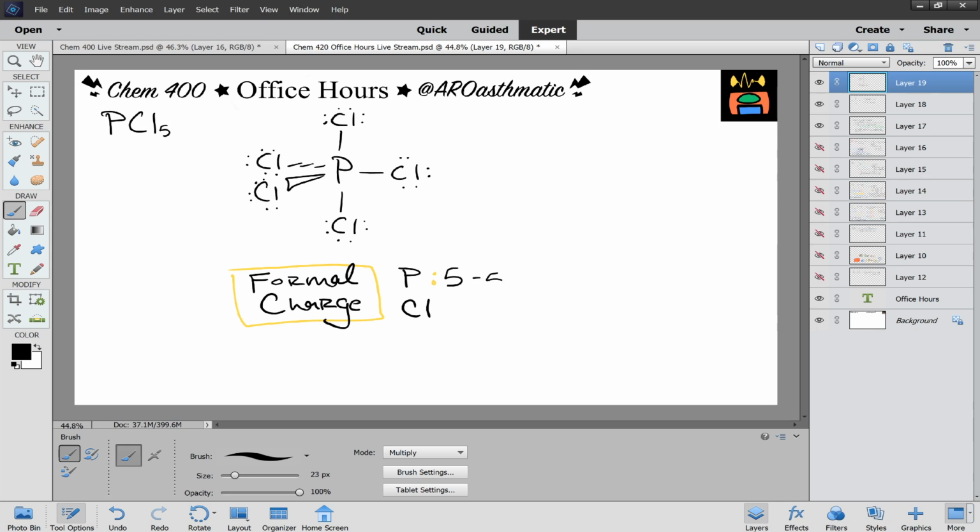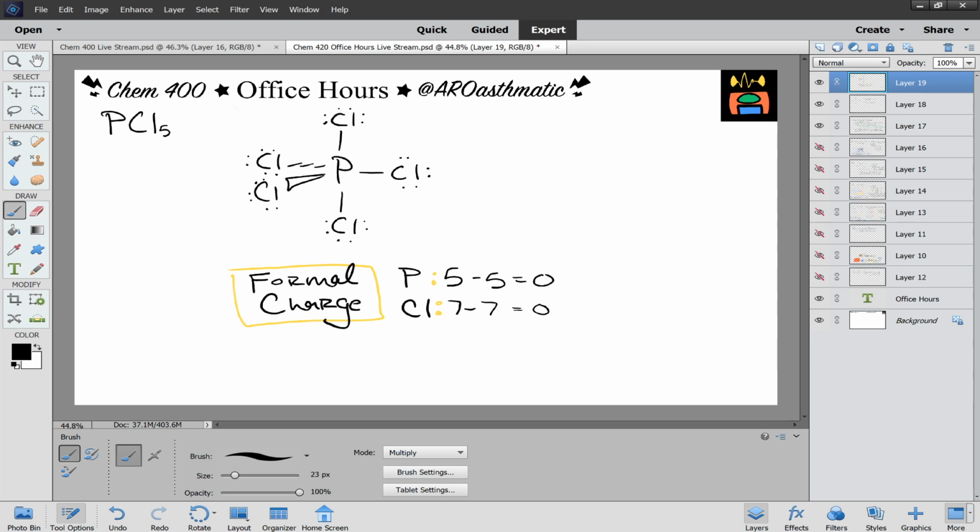Phosphorus in this structure has 5 bonds. So here phosphorus has a formal charge of 0. Chlorine, when it's neutral, has 7 valence electrons. Each chlorine in this molecule is the same. It has 1 bond, so that's 1 electron plus the 6 in lone pairs. 7 minus 7 is also 0.